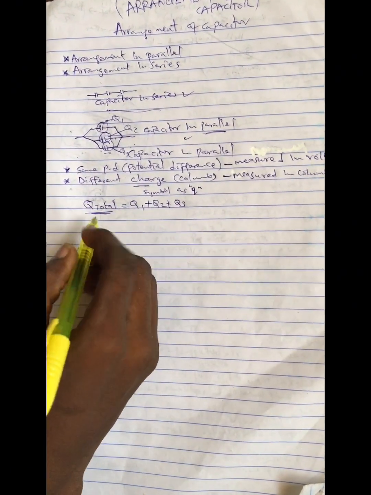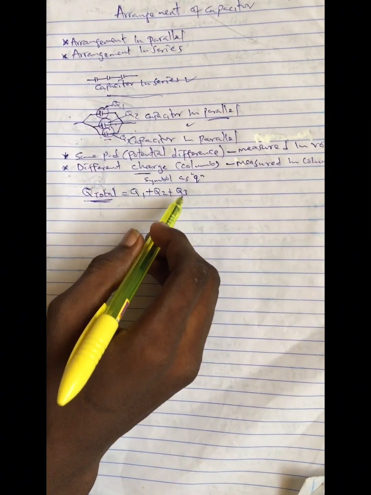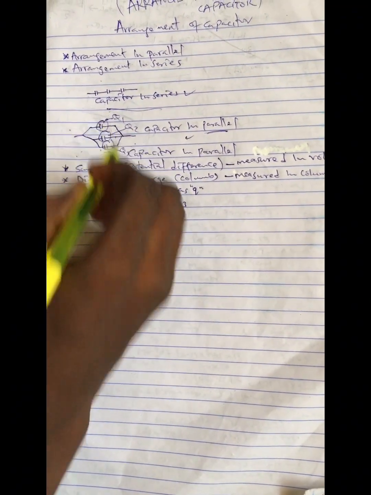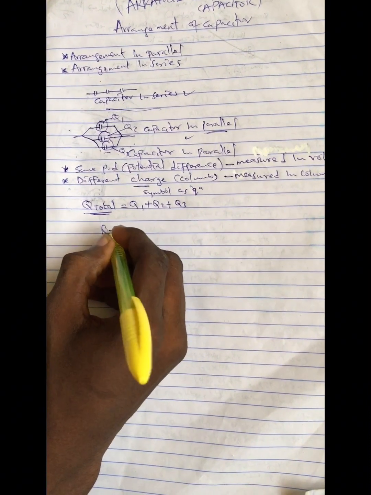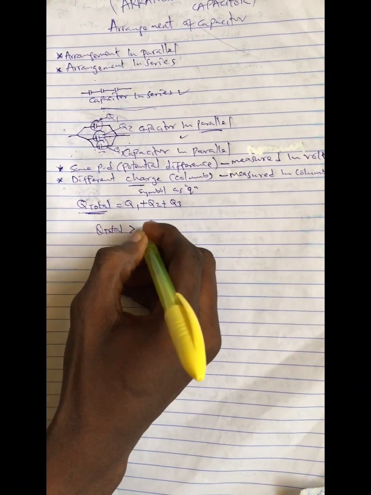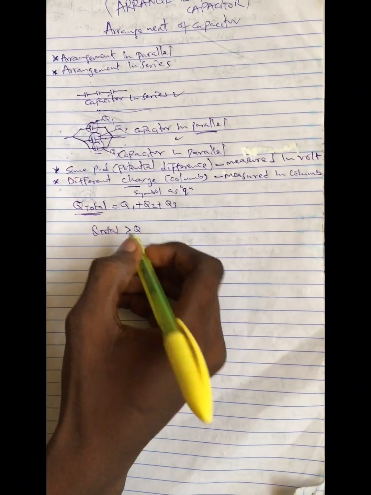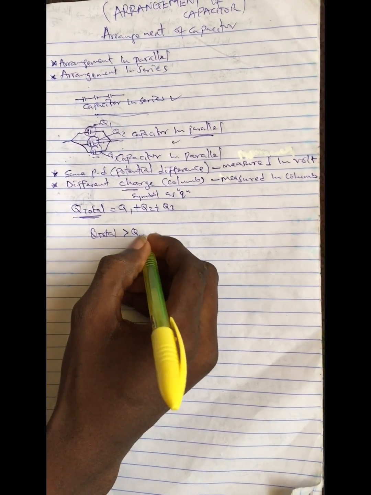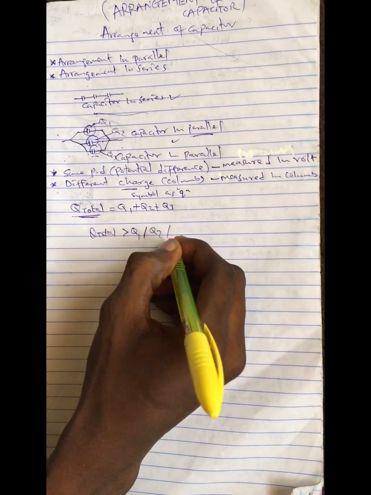This Q total is greater than any individual charge, like Q1 or Q2 or Q3.